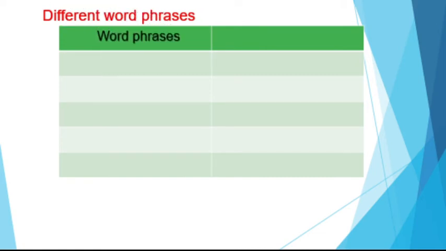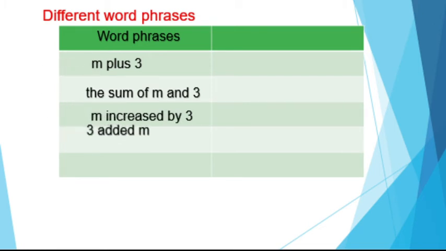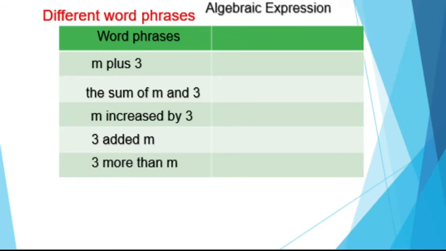Okay, so word phrases. Here are the word phrases. Let's say you have m plus 3. The sum of m and 3. M increased by 3. 3 added to m. 3 more than m.